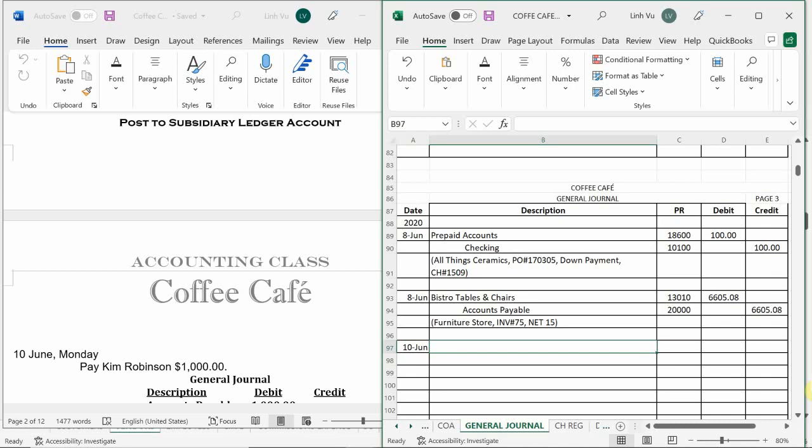How do I know today is the day I have to pay? How do I know today is the day I have to pay Kim Robinson? It's June the 10th. How do I know we have to pay her in June 10?